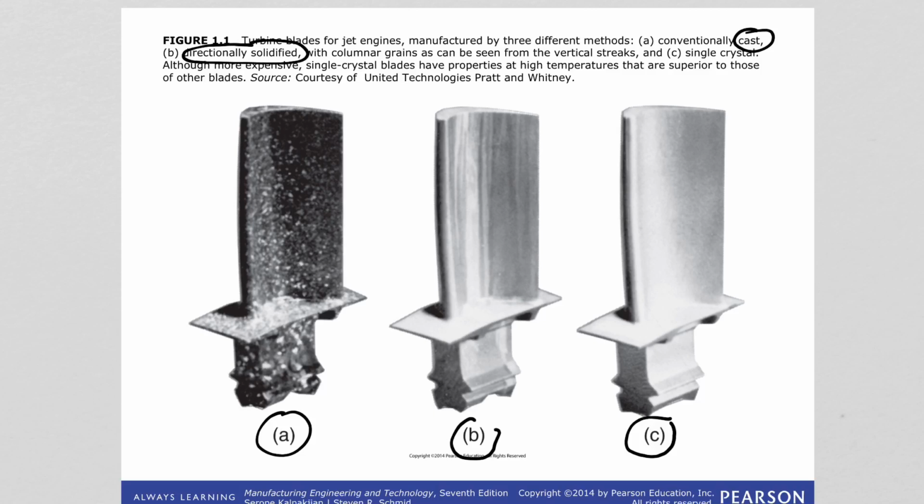Okay, so therefore the single crystal turbine blades, although they are expensive, they are showing much better properties compared to other blades like A and B. And you can also macroscopically observe how homogeneous the structure looks, right?